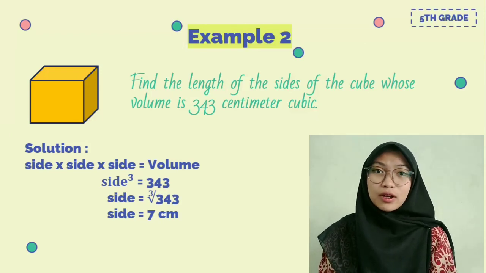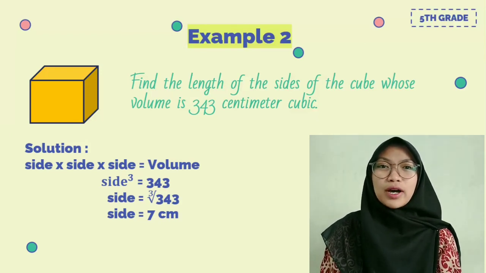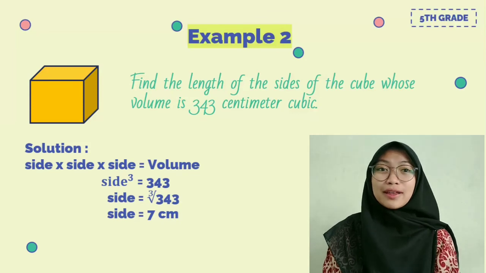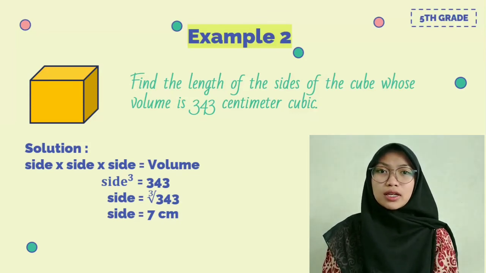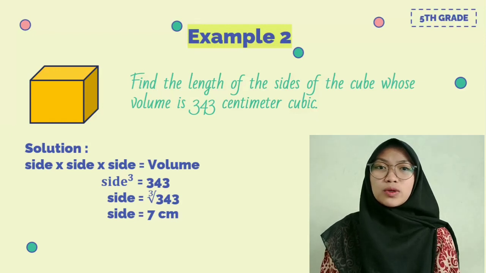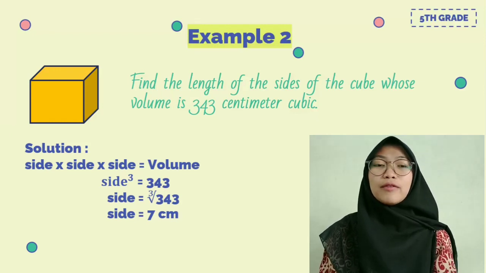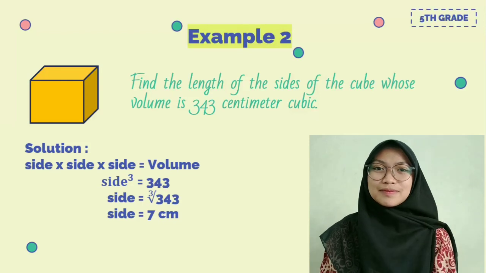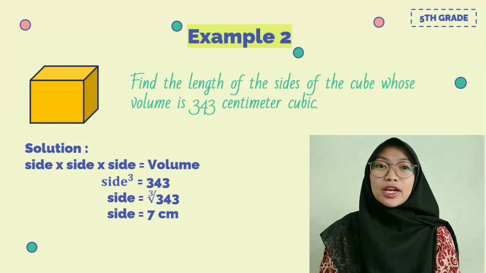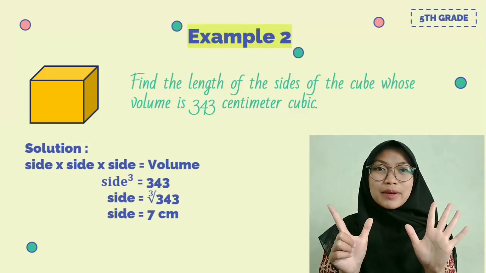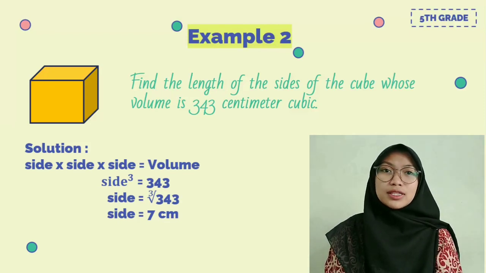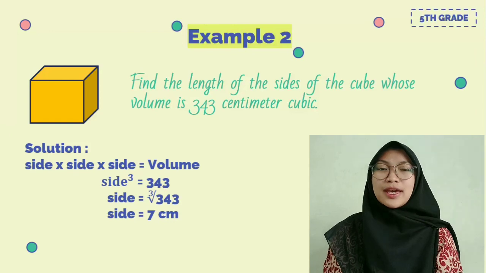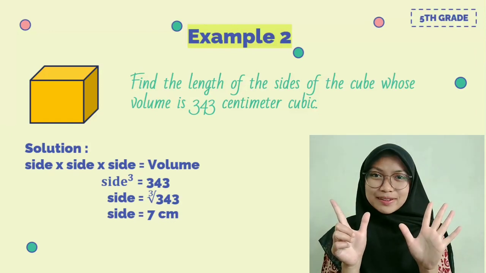To find the length of side, we have to find the third root of 343. Side equals third root of 343. Side equals 7 cm. Therefore, the length of the sides of the cube is 7 cm.